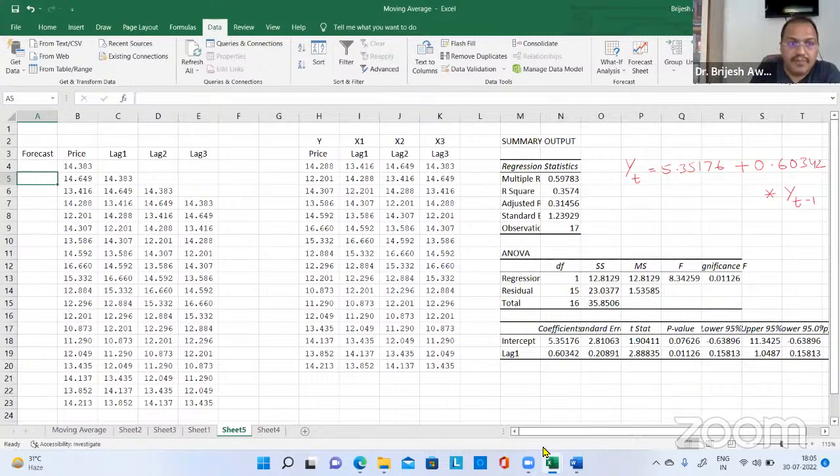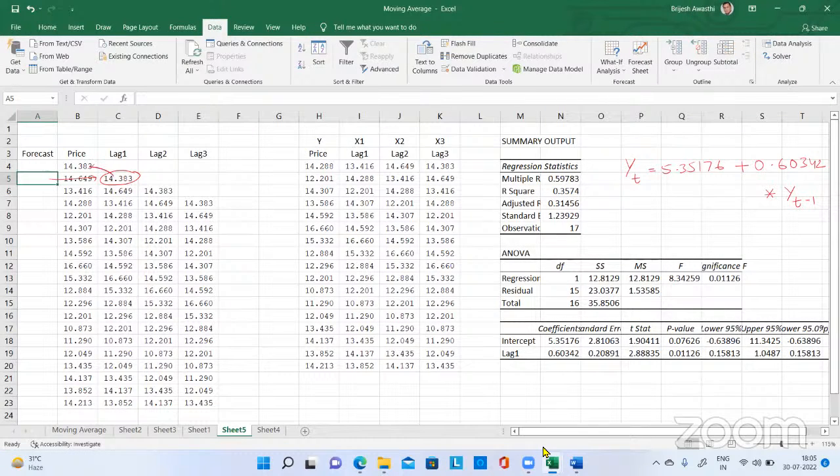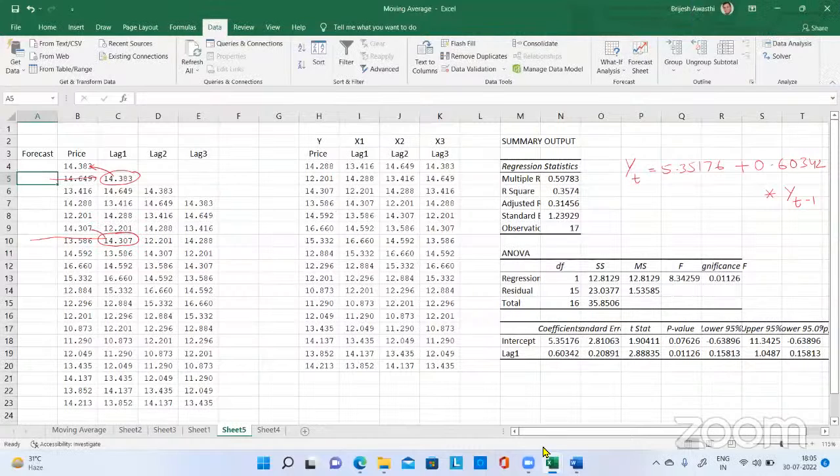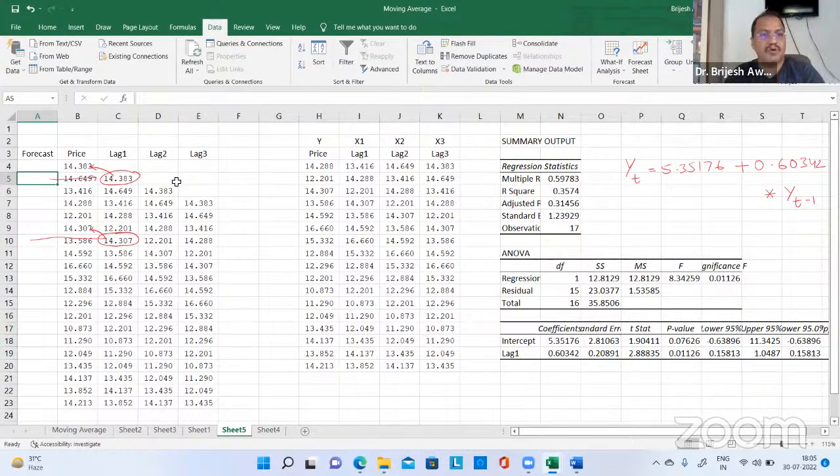You can see this is your lag 1. For this time period, this is your lag 1, and it is available here only. That is why I'm talking about the previous one, because in this case lag 1 is not available.